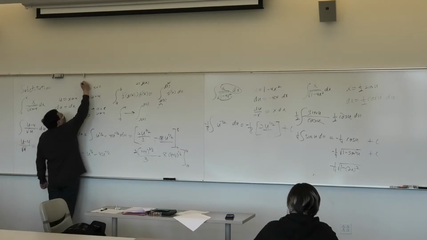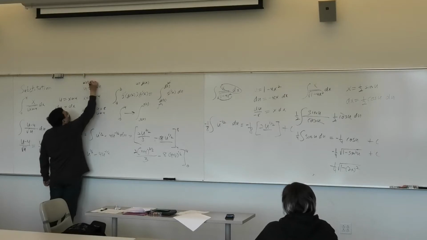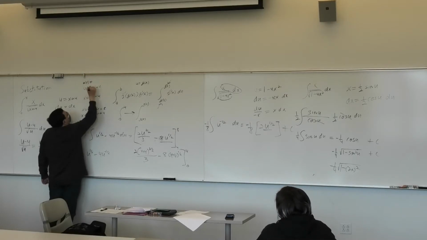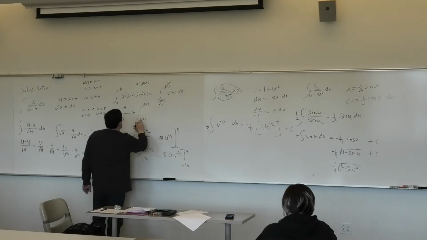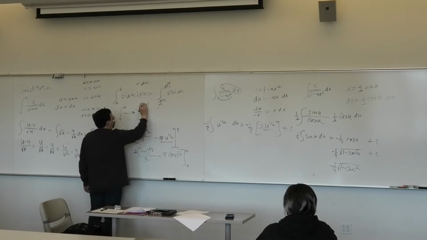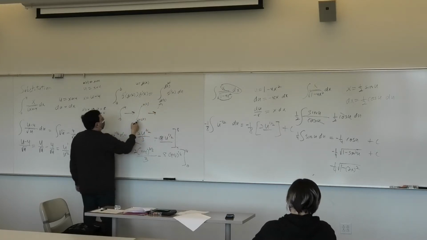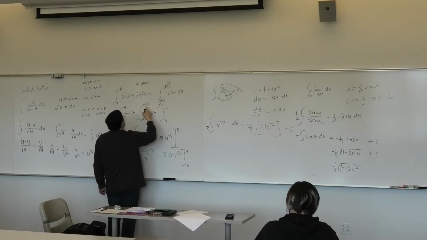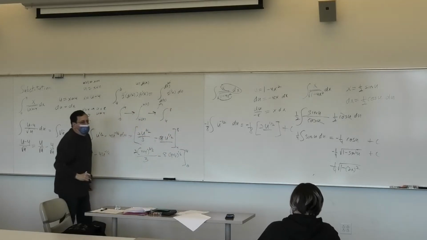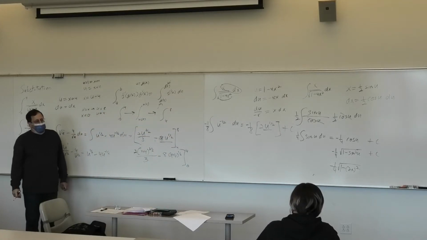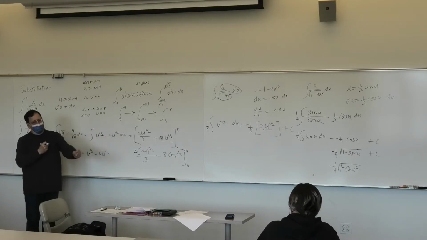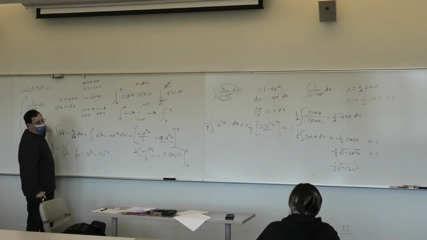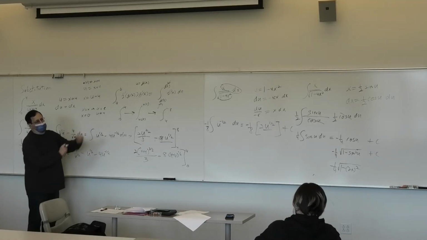So u of x is x plus 4. So that maybe would have been nicer, say u here. So what does that become? Well, u of 0 is 4, and u of 4 is 8. It's just a question of whether you want to switch back to the x coordinate system from the u coordinates and use our original limits, or switch the limits.